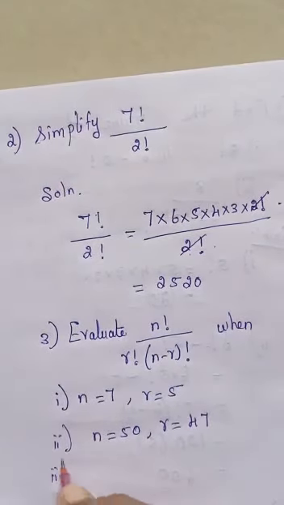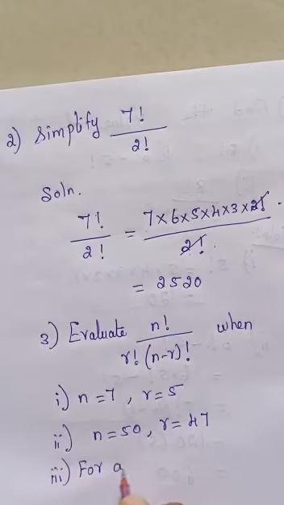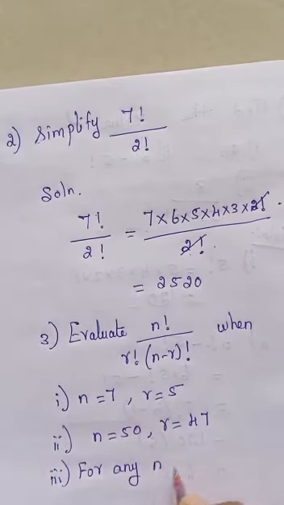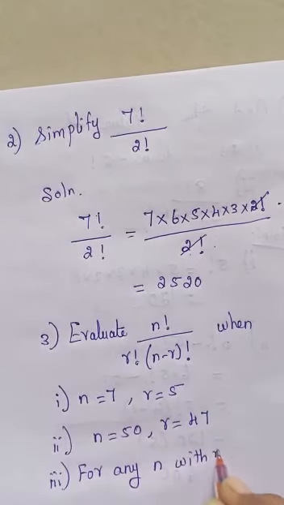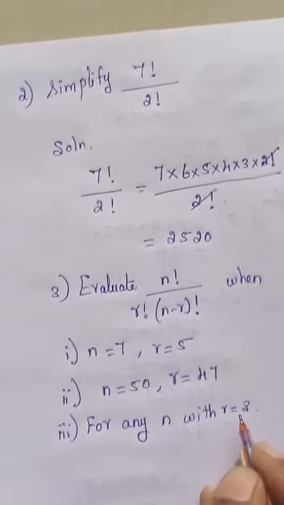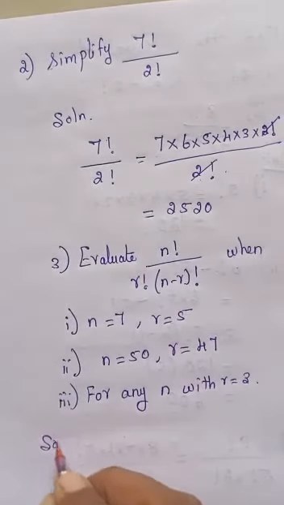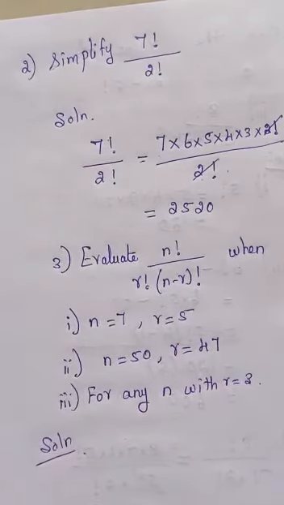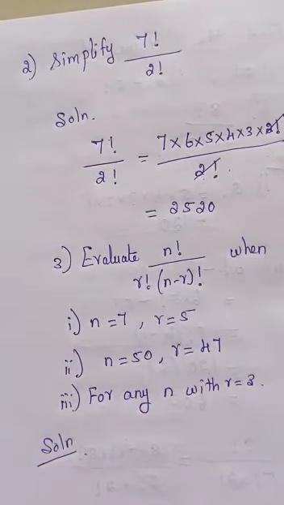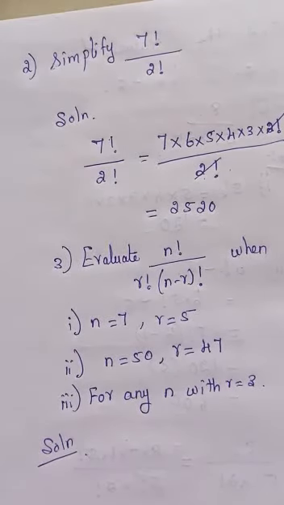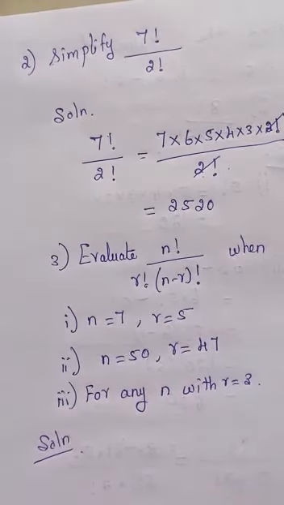Now subdivision 3 for any n with r equal to 3. Okay. See, n factorial by r factorial into n minus r factorial. This we need to find it out.